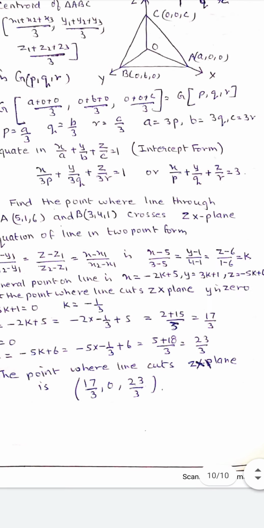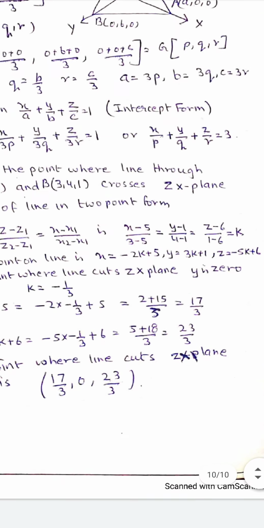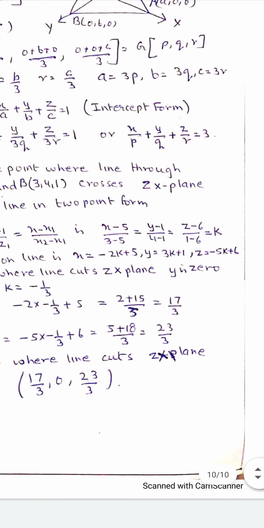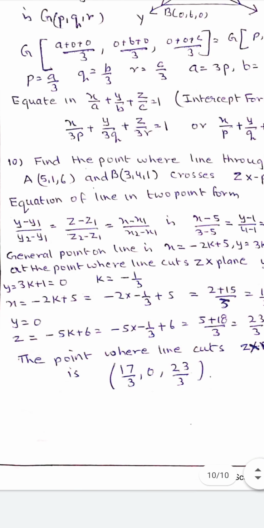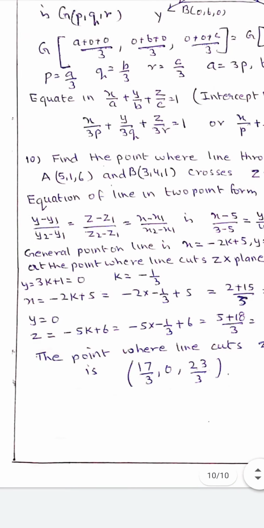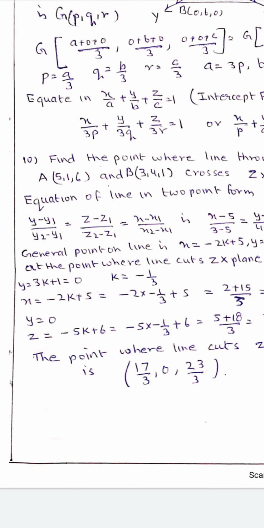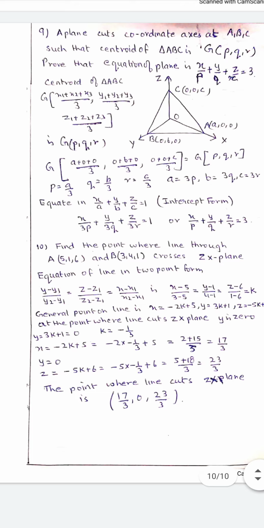The general point is x is equal to minus 2k plus 5, y is 3k plus 1 and z is minus 5k plus 6. At the point where it cuts the zx plane, the value of y is 0. So put y, 3k plus 1, equal to 0. We get k is equal to minus 1 upon 3.